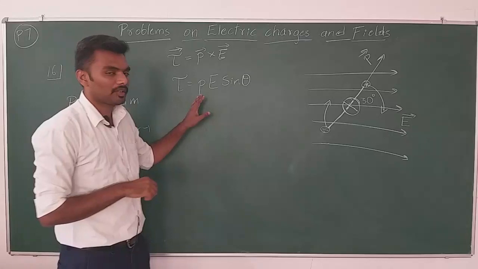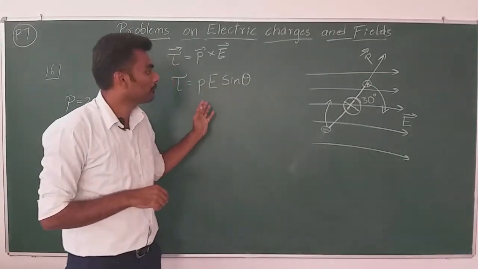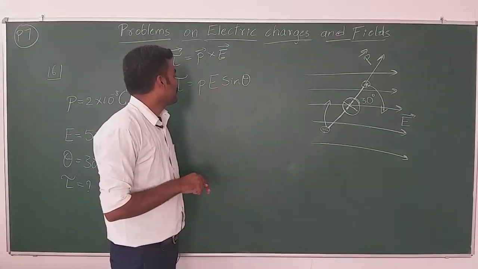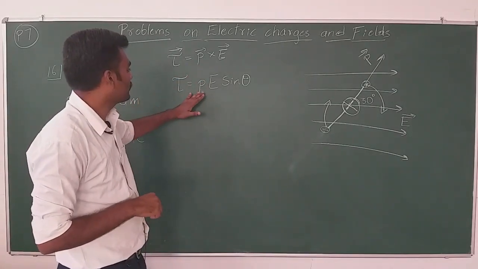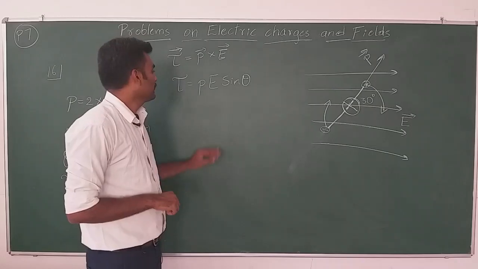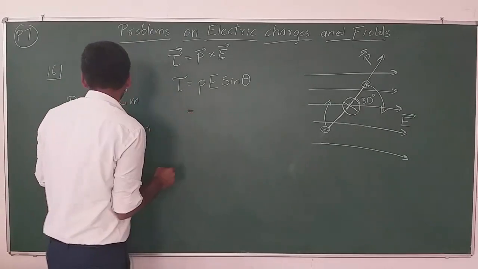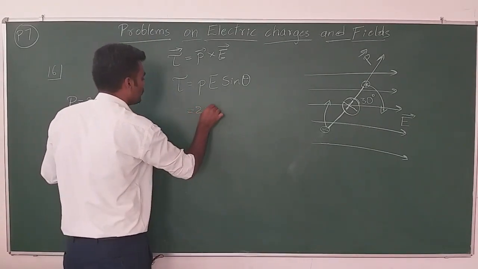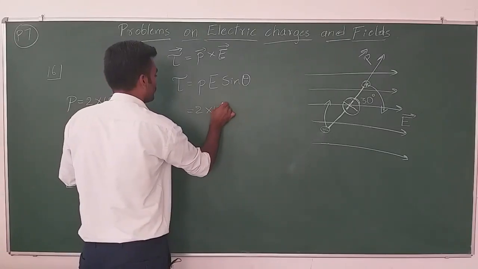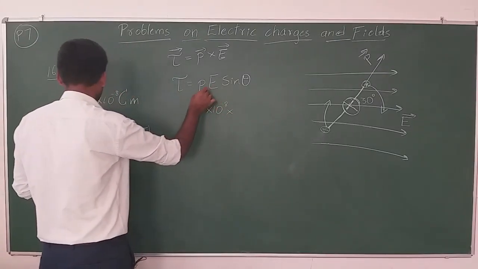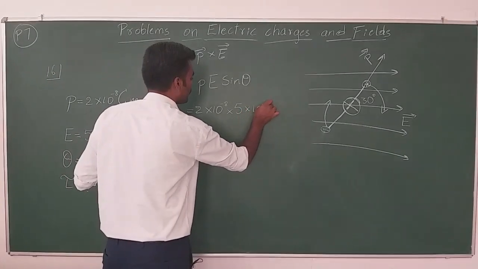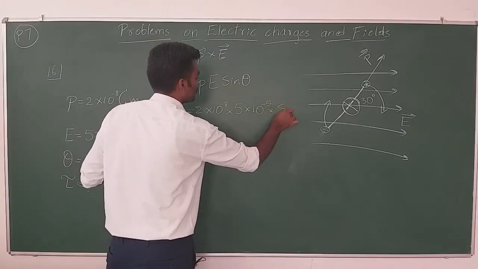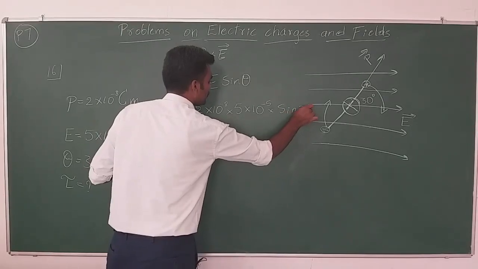Now, since we are worried only about the magnitude part, we have reduced it to tau is equal to P E sin theta. Now, P is 2 into 10 to the power of minus 8, E is 5 into 10 to the power of minus 5 into sin 30.